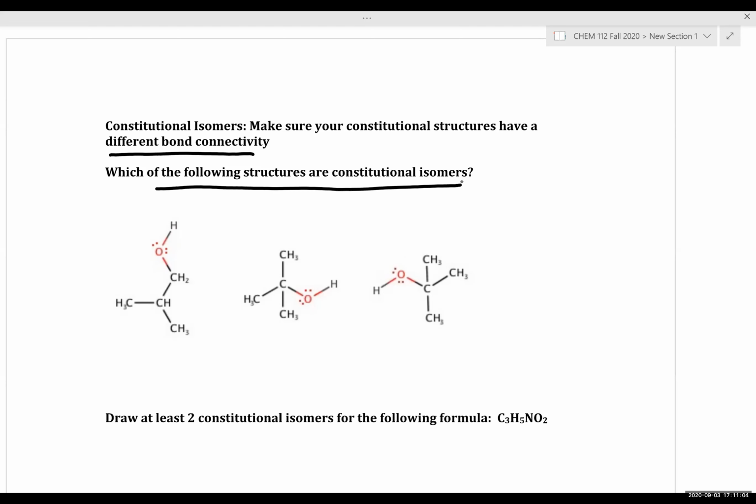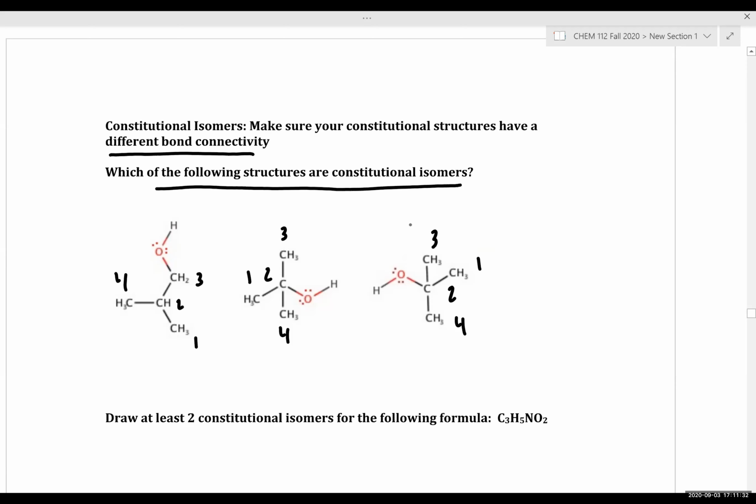So I'm going to set it up so my molecules are all drawn out in as close to an identical way as possible. And worst case, I'm going to number my carbons. So number 1, 2, 3, 4.